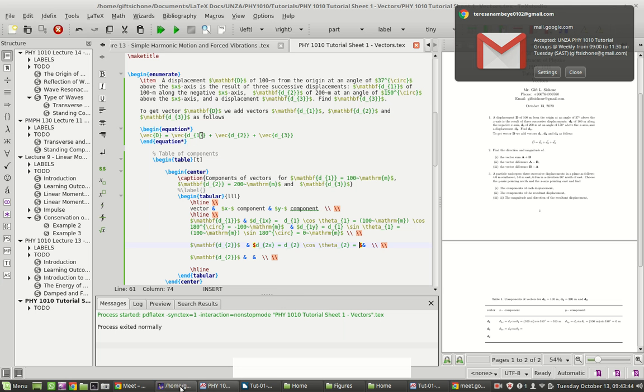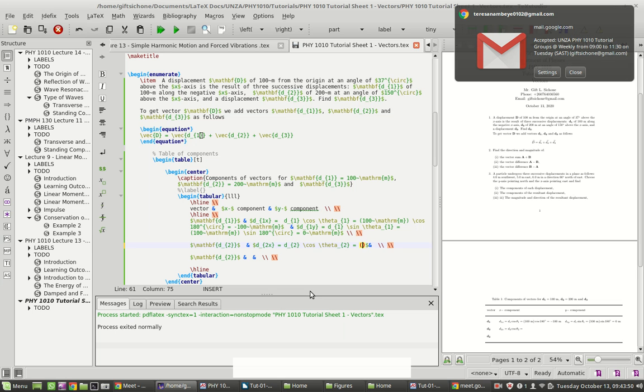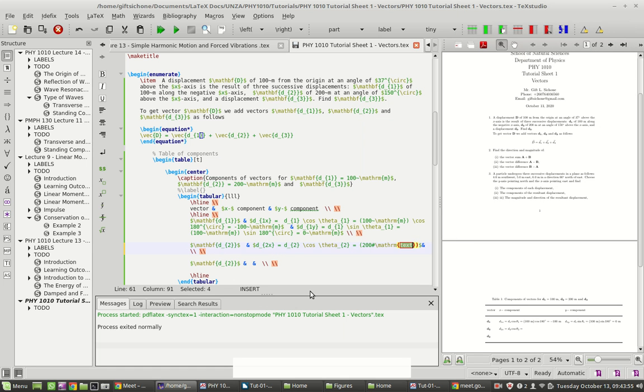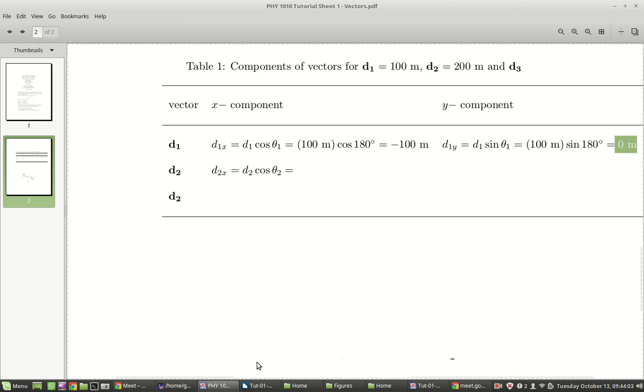What's the magnitude of d2? 200 meters. Then cos, how much is the angle? 150 degrees.